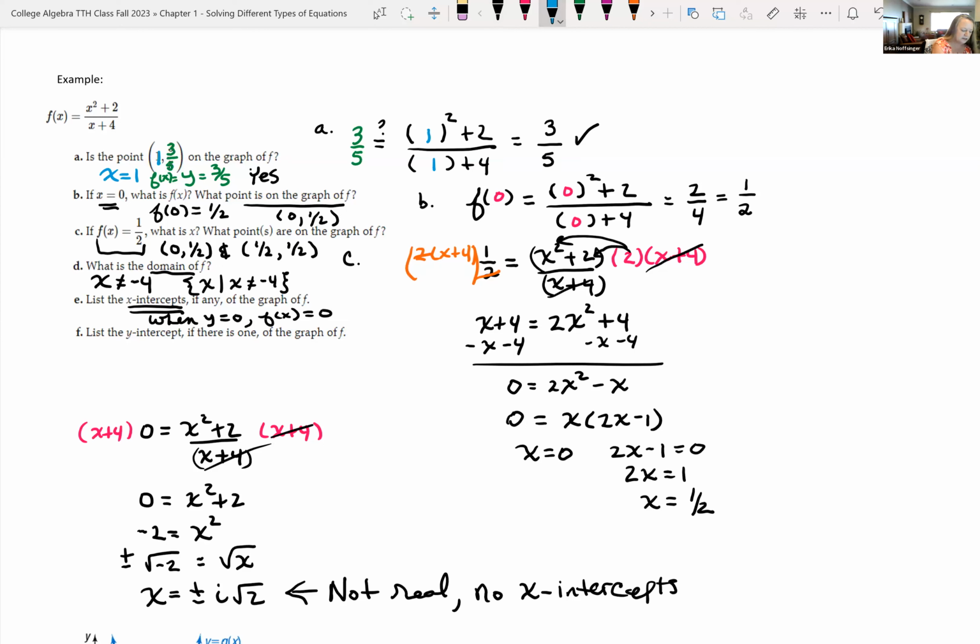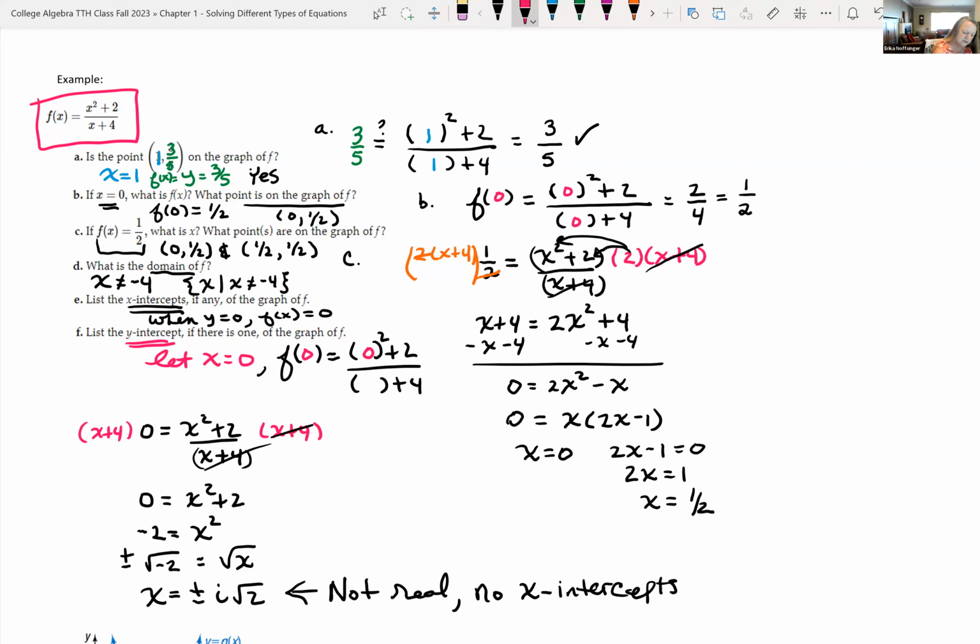And the last one was the y-intercepts, if there is one, of the graph of f. So y-intercepts, recall, is when our value of x is equal to 0. So if we go back in here and look at f of 0, that's going to give us back the parentheses where the x is, and then drop in 0 inside the parentheses.